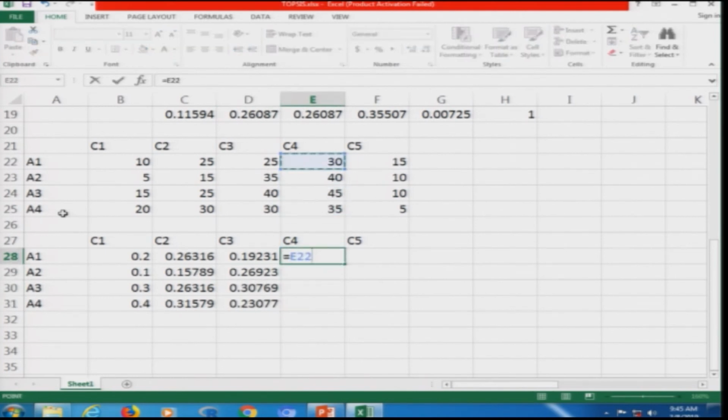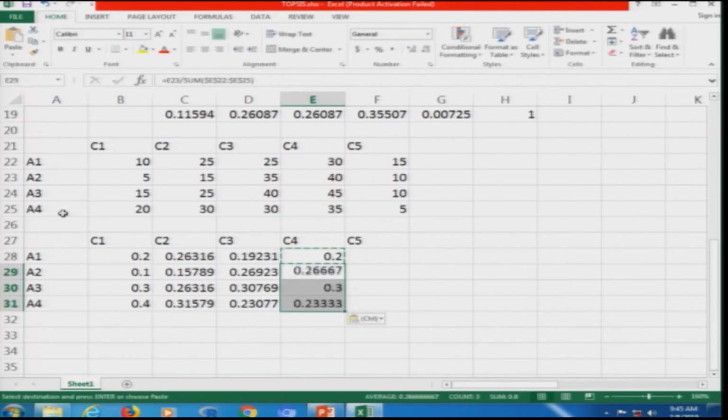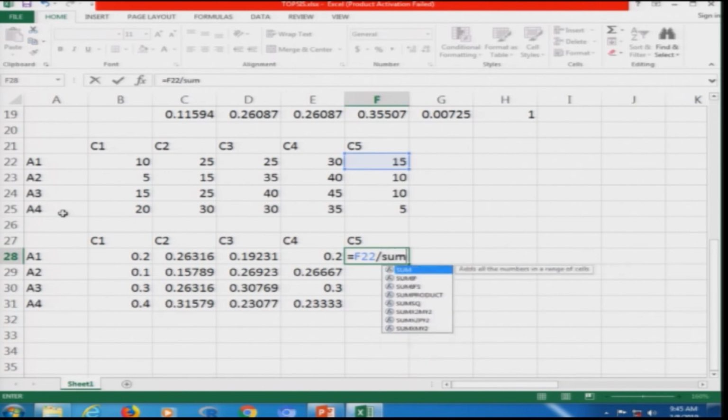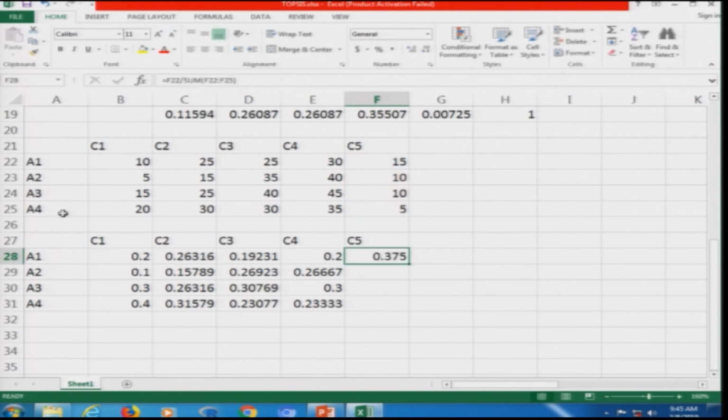Come to the fourth column, put a dollar sign here, here, and here. This is done. And the last column: the sum of this, put a dollar sign here, and copy. Now, to wrap up this class.